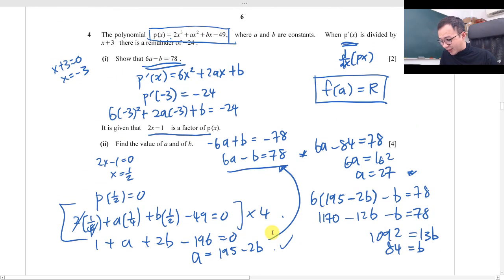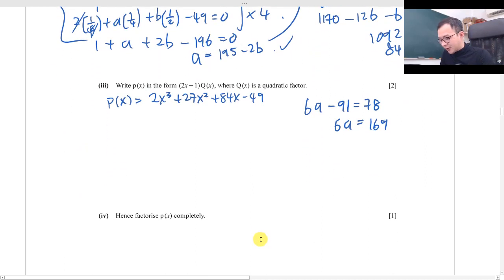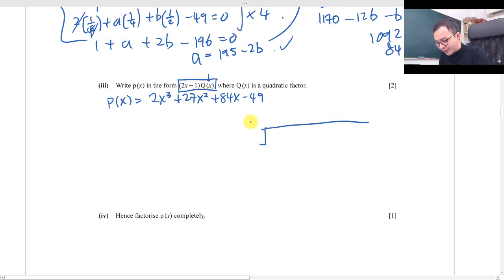I just substitute my a and b back into my p(x) here. This one tells me q(x) will be my answer after the long division. So I will need to do a long division and divide by 2x minus 1. So q(x) will be my answer later, and my remainder should be 0.